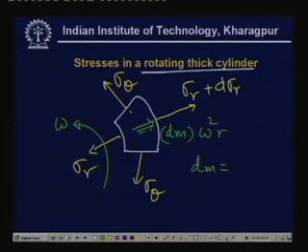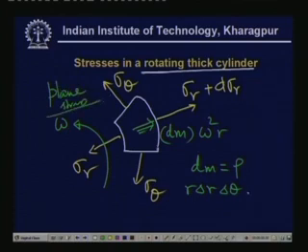The mass dm, as before, is the total volume times the density, rho being the density of this material, and the total volume is delta r times r delta theta times unity. As before, we take the thickness to be unity, since we consider here the plane stress problem, because in the axial direction there is no stress.